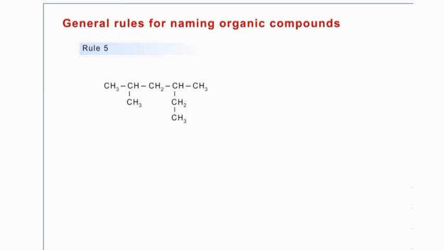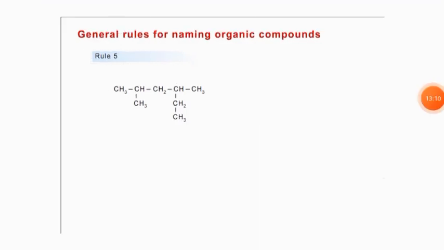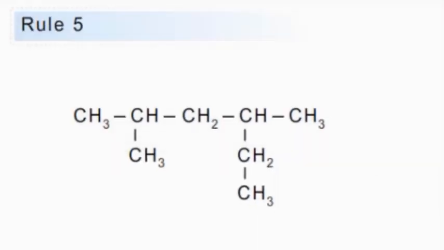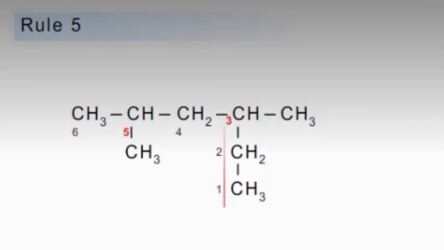When you are naming this compound, your first task is to find out the main chain which contains the longest continuous carbon chain. You have only one option for that, the longest continuous carbon chain. But for numbering the carbon chain, you have 2 options, either from the left hand side or from the right hand side.